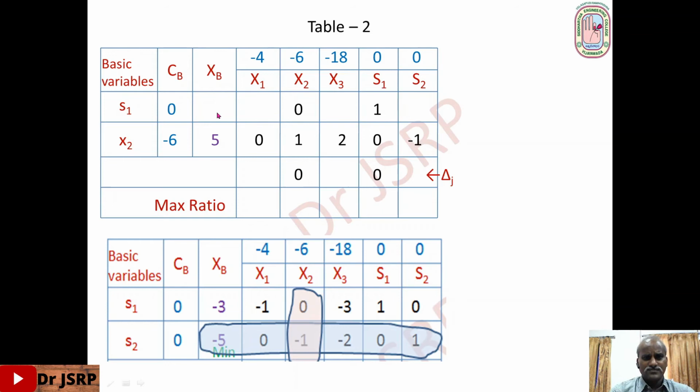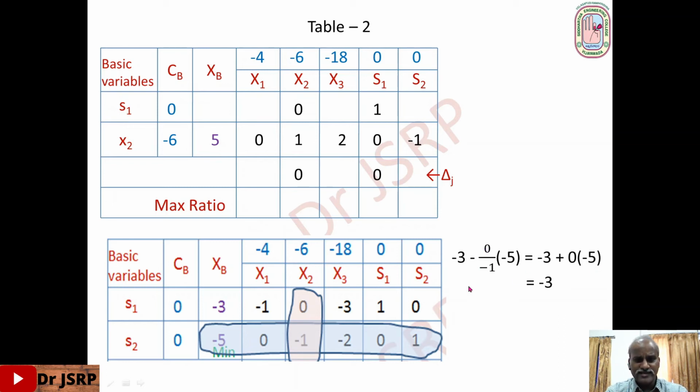Next, third step, calculate the remaining entries. To calculate this entry, corresponding value minus 3, observe here, present value minus 3, pivot column element 0 by pivot element minus 1 into pivot row element minus 5. So observe here calculation minus 3, this is minus or minus, plus 0 into 5.